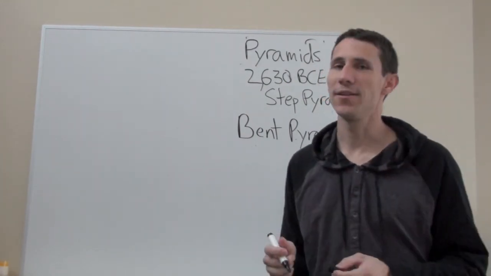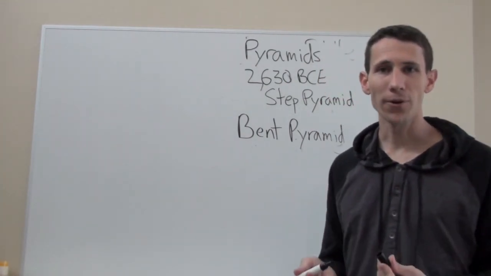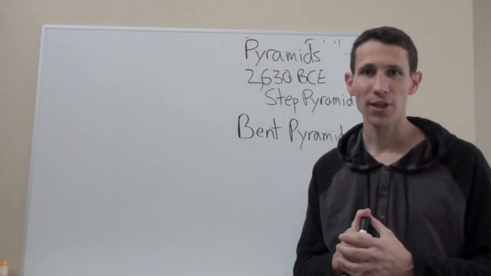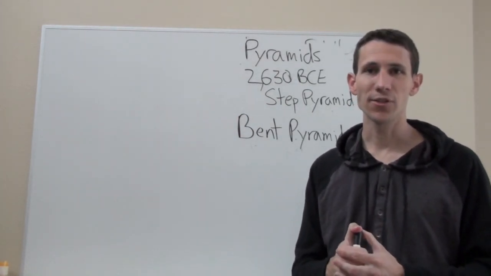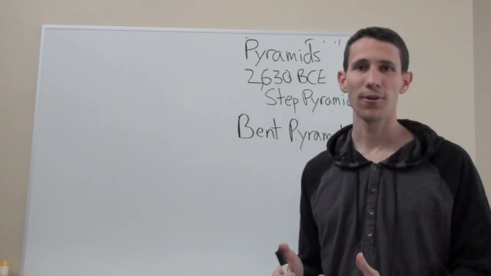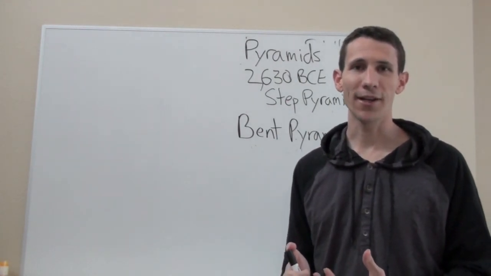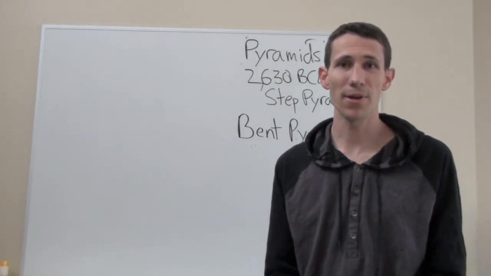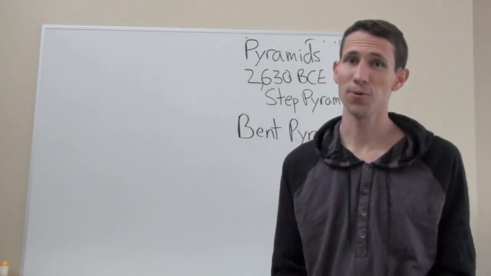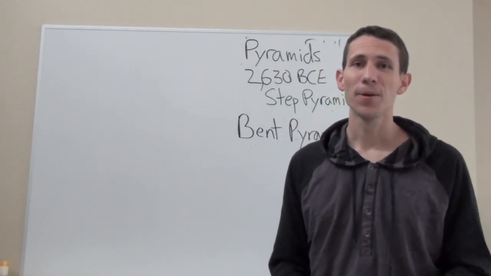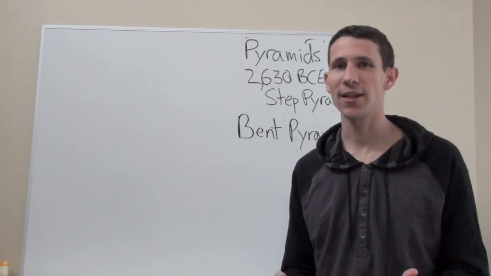The bent pyramid is really important because it shows that the Egyptians, as smart as they were, obviously weren't experienced in making pyramids. So what they had to do was learn from their mistakes.